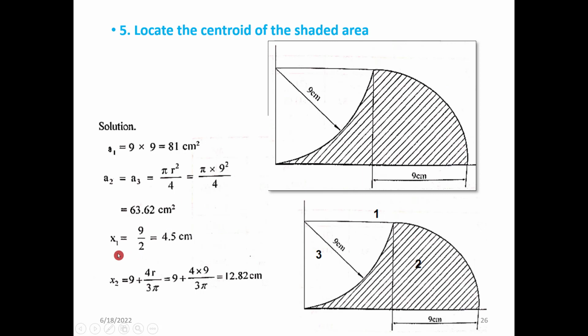Now x1 is for the rectangle, at the center of the rectangle, 9 by 2. x2 is this one, right? It is 9 plus, you know that x is starting from this point. This is the x and this is the y. So 9 plus 4r by 3 pi, 12.82.